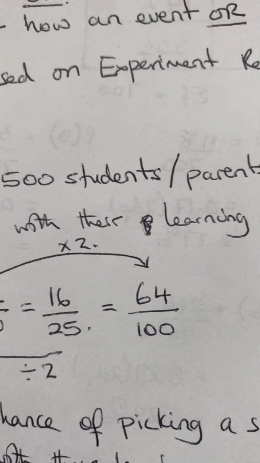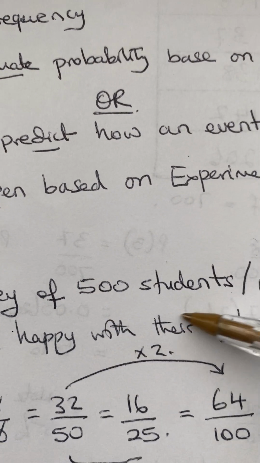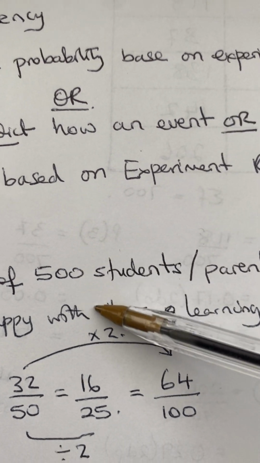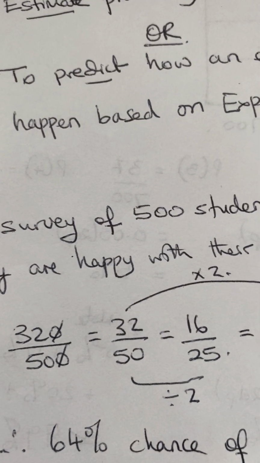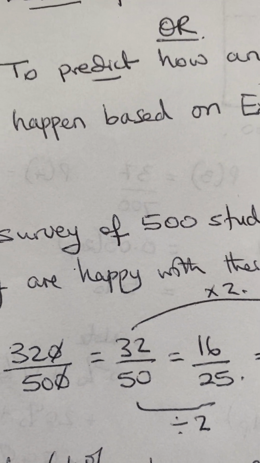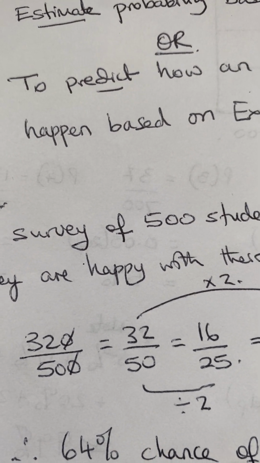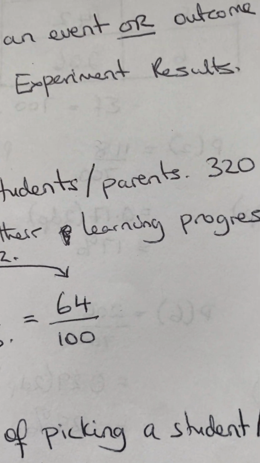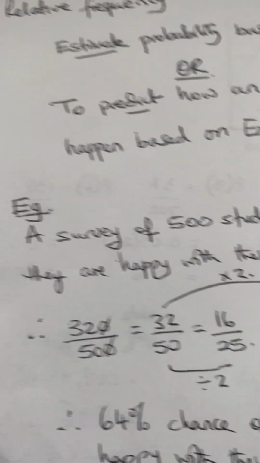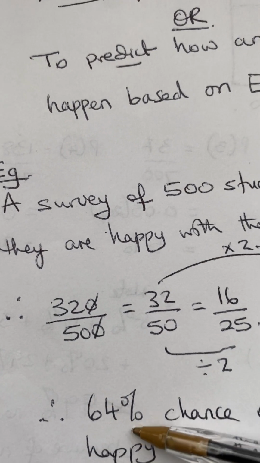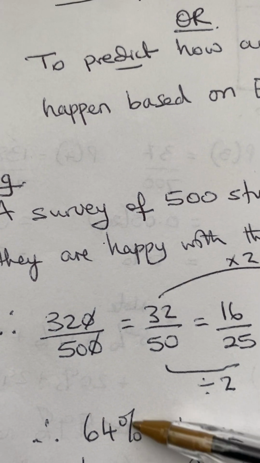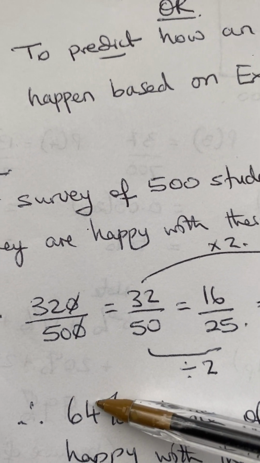So from this particular set of data, 64% are happy. It means the rest, 36%, are not happy with their learning progress, but 64% is a very high percentage.